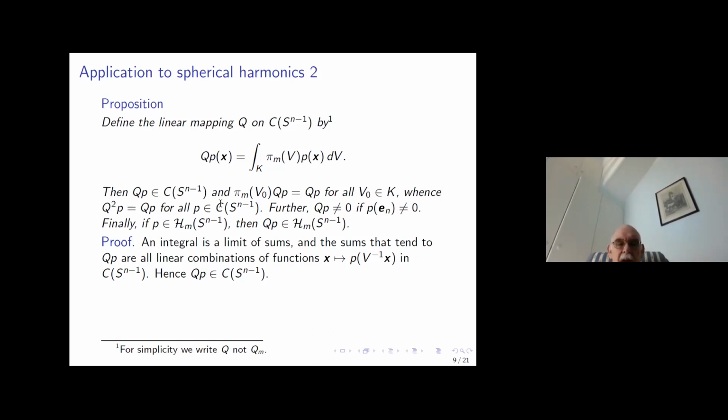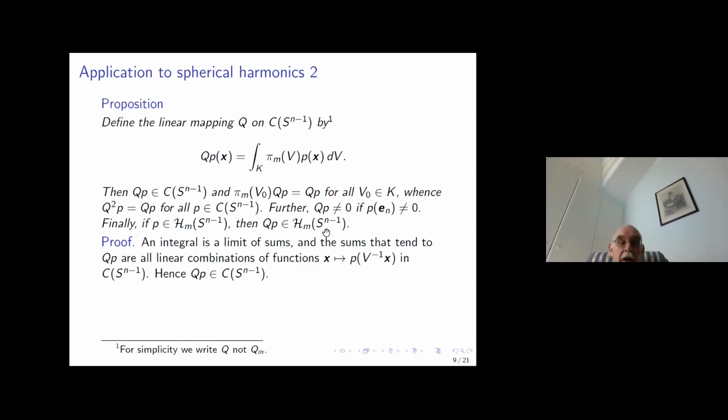And that means that Q squared of P is equal to Q of P, which says that Q is a projection. Let's notice that it's not a trivial projection: Q of P is not equal to 0 if P of En is not equal to 0.